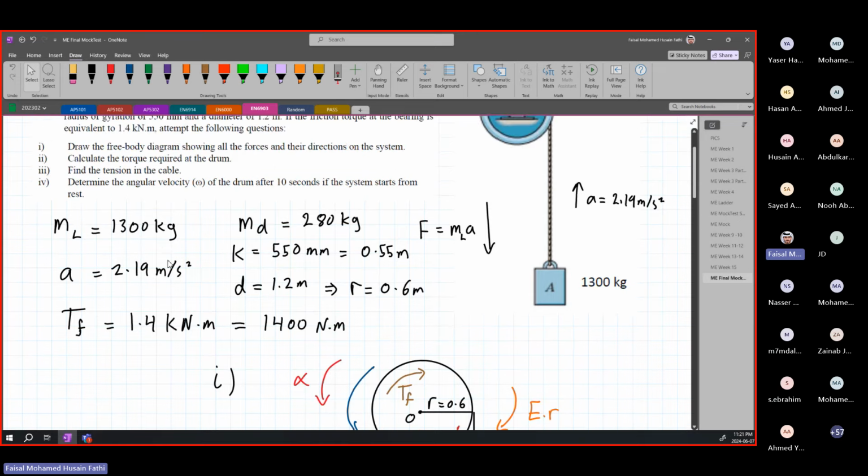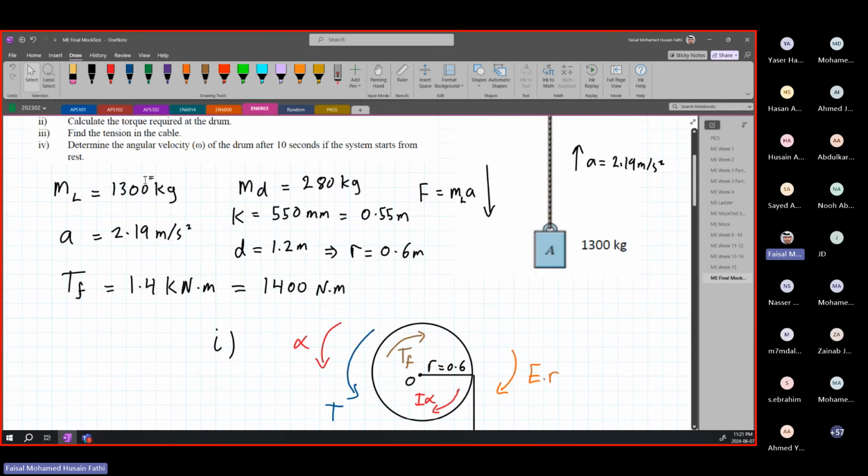Let us look at the last part of this question, which is determine the angular velocity of the drum after 10 seconds if the system starts from rest. The most important thing you need to know here is we are given a time. Here we are given t is equal to 10 seconds, and we are given that the system starts from rest, meaning our initial angular velocity is equal to 0.